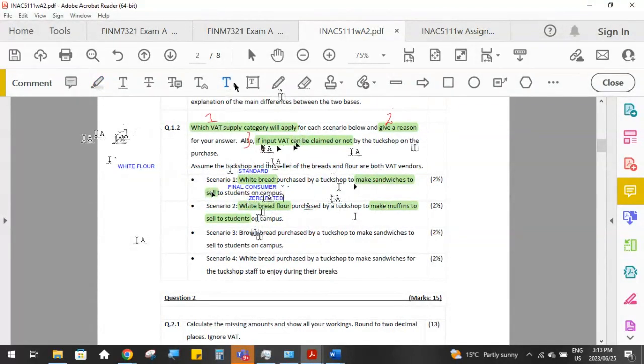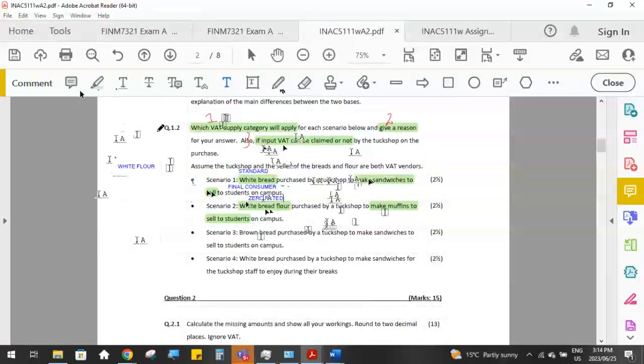It used to be a standard rated item, but in 2018, the government also made all flour that is used to make bread, etc., zero rated to assist people who purchase flour to make their own bread, because that's the cheapest way for them to get access to bread.